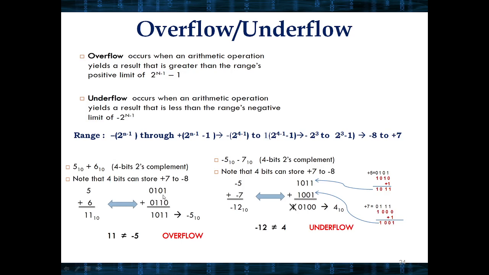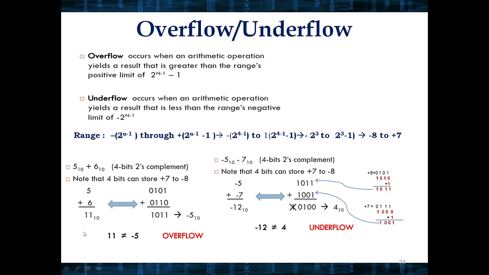Now the result. 1 plus 0 is 1. 0 plus 1 is 1. 1 plus 1 is 0 and carry 1. But here in the result you can see the MSB value is 1. That means it is a negative number, so we can represent it as minus 5.